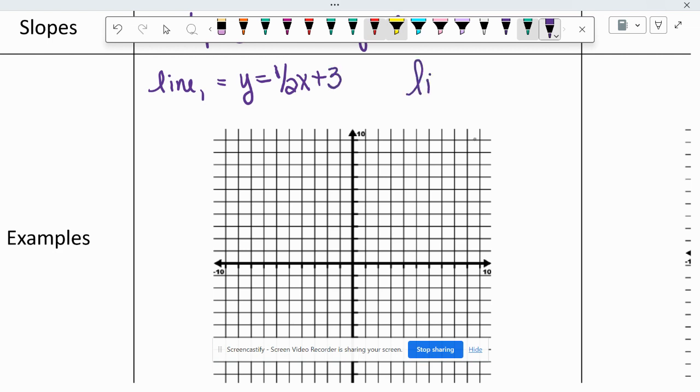And line 2 is the equation y equals 1/2 x minus 4. I'm just trying to make these the same as the filled in notes.